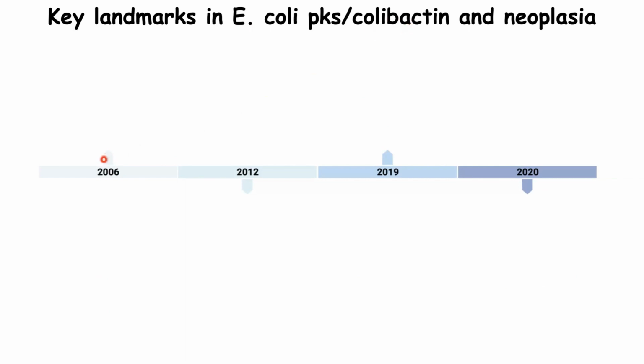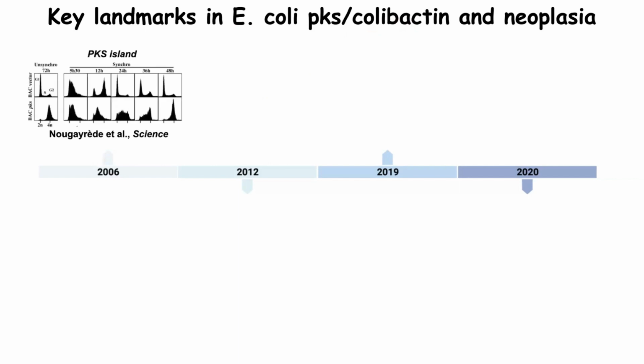It was discovered in 2006 by the group of Eric Oswald in France. They were screening E. coli for phenotype. They were infecting epithelial cells and looking at the size of the cells and the nucleus to see if there was a genotoxin, and running cell cycle and cell division assays. They could see that if you have the presence of the pks island, your cell cycle is stopped at G2.